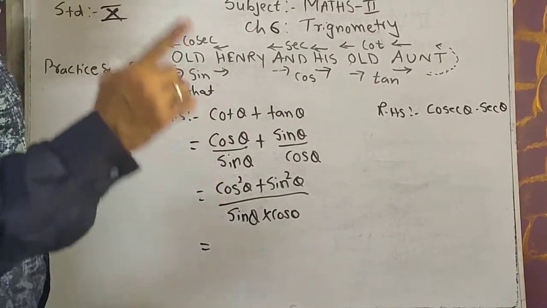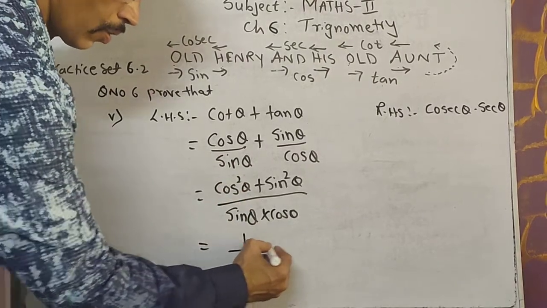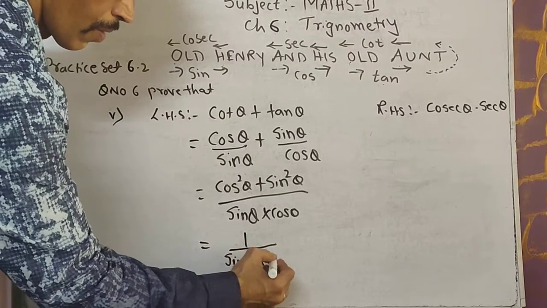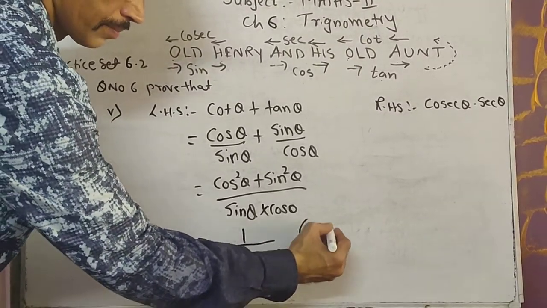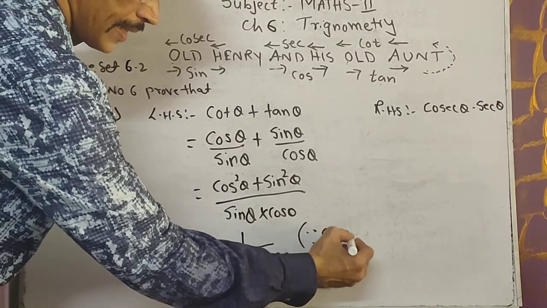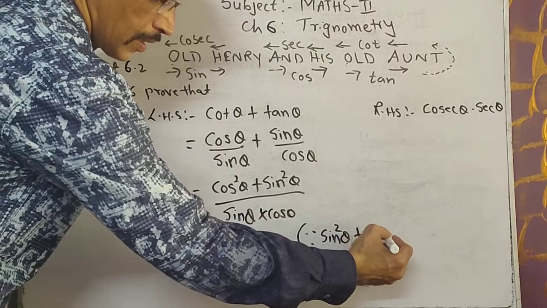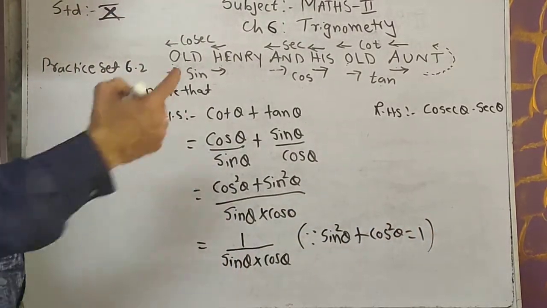You know this identity very well. So here directly we will write 1 upon sin theta into cos theta. The reason is that sin square theta plus cos square theta is equal to 1.